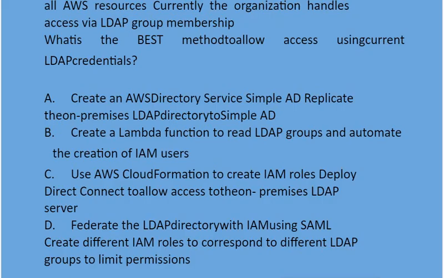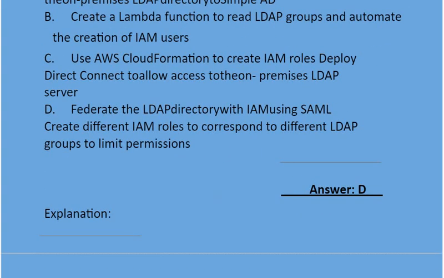Option C, use AWS CloudFormation to create IAM roles, deploy Direct Connect to allow access to the on-premises LDAP server. Option D, federate the LDAP directory with IAM using SAML, create different IAM roles to correspond to different LDAP groups to limit permissions. Correct answer is option D.